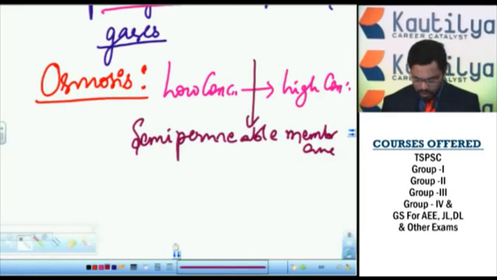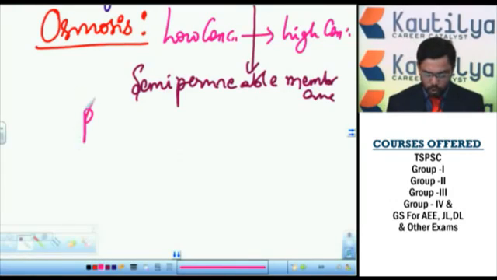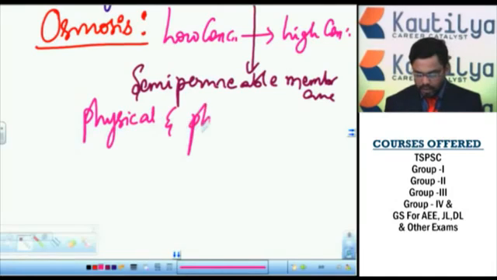Or you can also say the movement of substances from higher water content to lower water content. So the movement of water from high water content to low water content through a semi-permeable membrane is called osmosis. This osmosis process is both a physical as well as a physiological process.